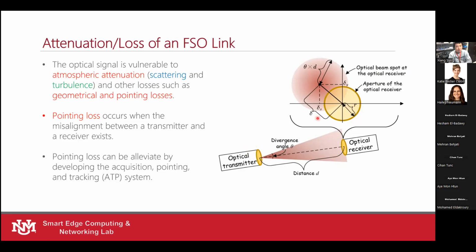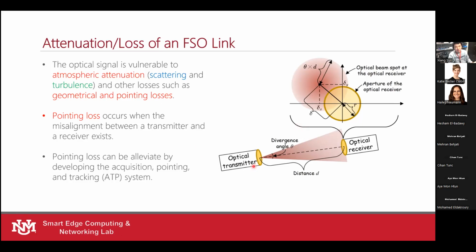So here I want to mention that normally speaking, for each FSO transmitter and receiver, the ATP system, the acquisition, pointing, and tracking system, will be developed to alleviate the pointing loss. The function of the ATP basically is that the transmitter first acquires the location or the movement of the receiver and adjusts its transmission direction based on the location of the receiver.